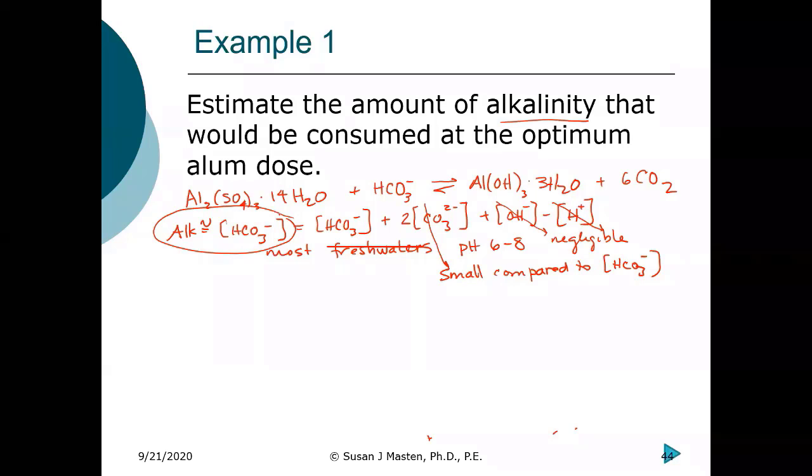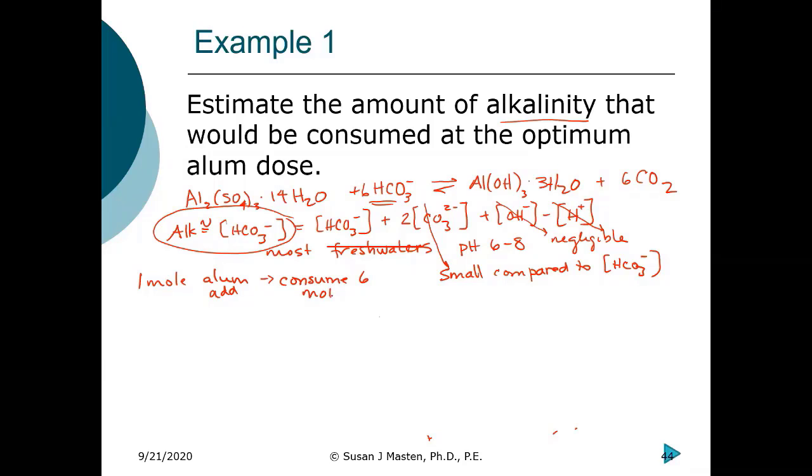So when we're looking at this equation, we can then look at the stoichiometry, and I just realized I missed a 6 there. So for every 1 mole of alum that we add, we're going to consume 6 moles of bicarbonate.